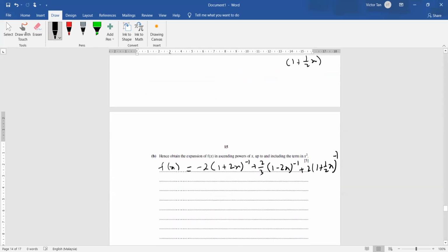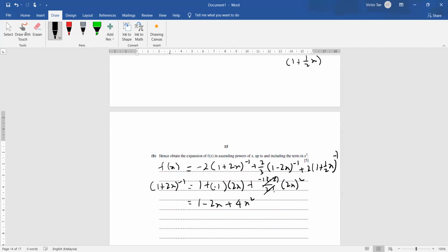Okay, let's expand the first one, 1 plus 2x. So this will be 1 plus minus 1 x plus minus 1 times minus 2 over 2 factorial x squared, 1 minus 2x plus 4x squared.